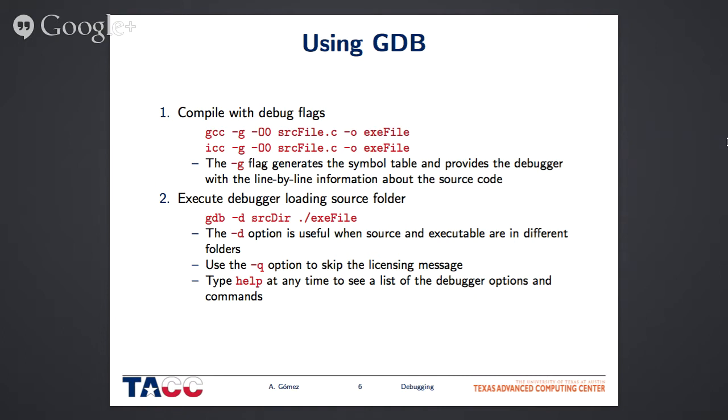Something else interesting is that you can load the source folder if the source is in a different folder. This is going to be required once you start debugging, because GDB needs to know that this assembly code belongs to this original source code.